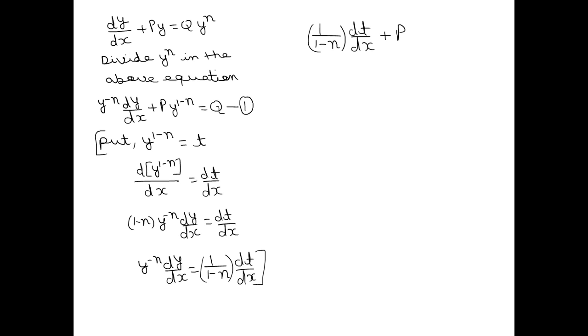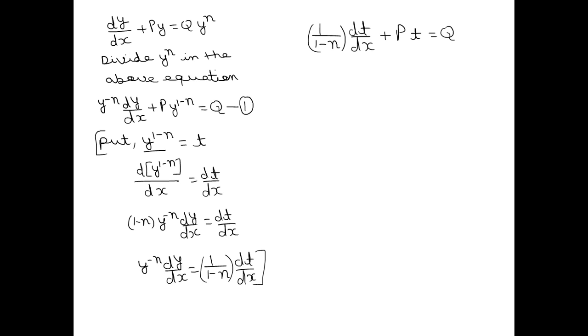So I get the value of y raised to the power minus n dy by dx as 1 upon 1 minus n into dt by dx. Substitute this value in equation number 1. You will get 1 upon 1 minus n into dt by dx plus p, and since y raised to the power 1 minus n equals to t, it becomes pt equals to q.